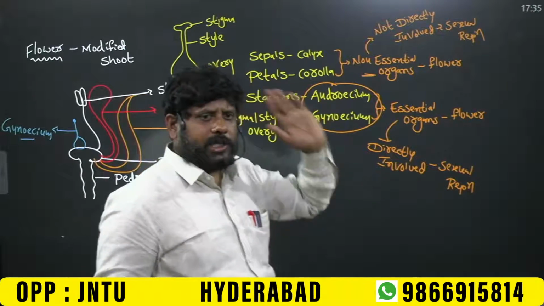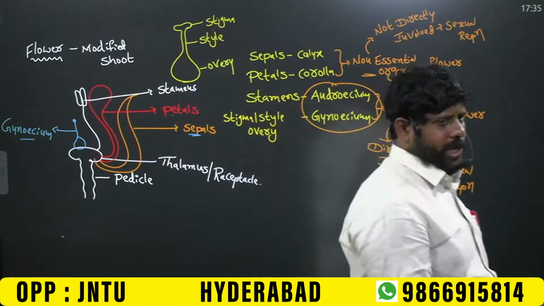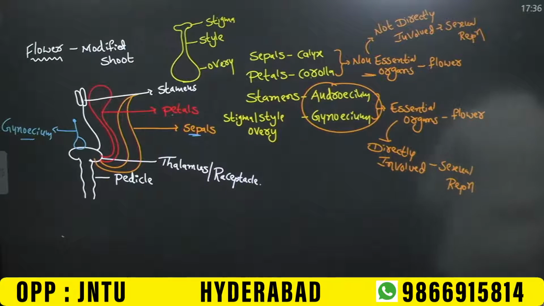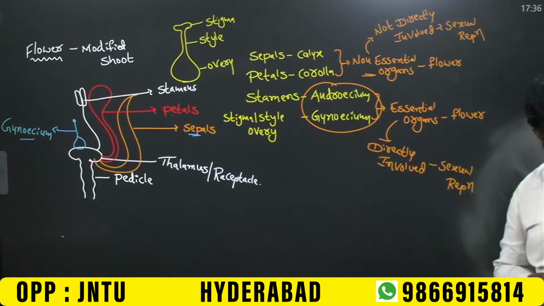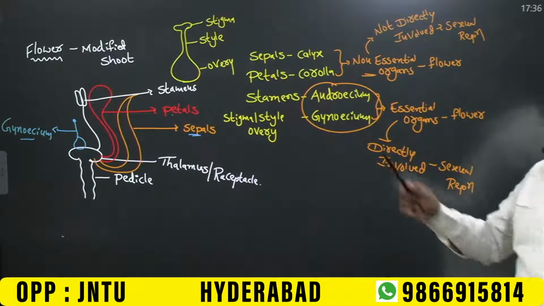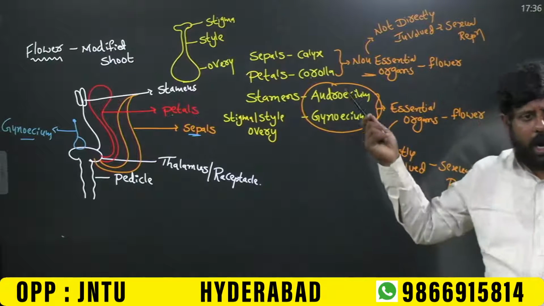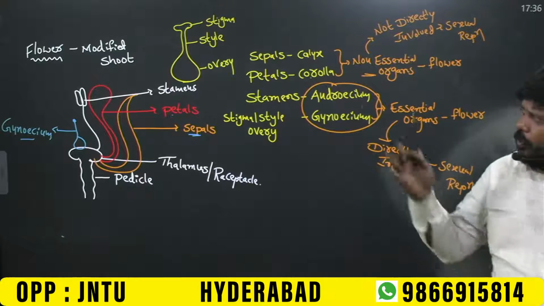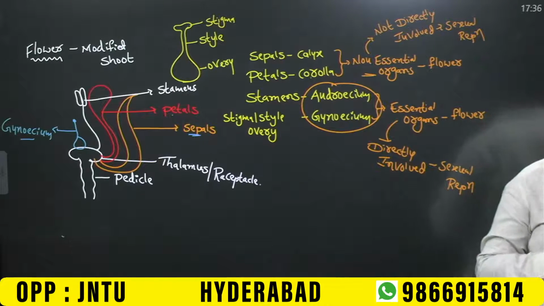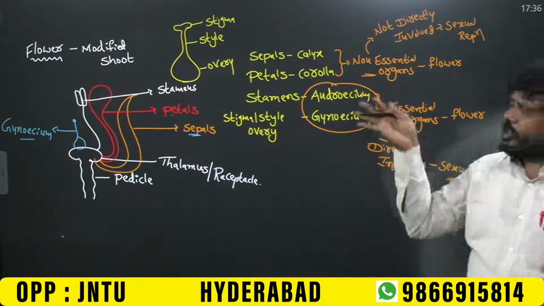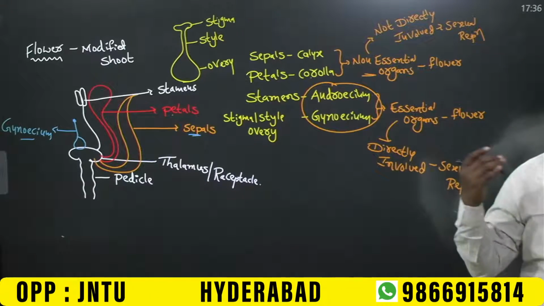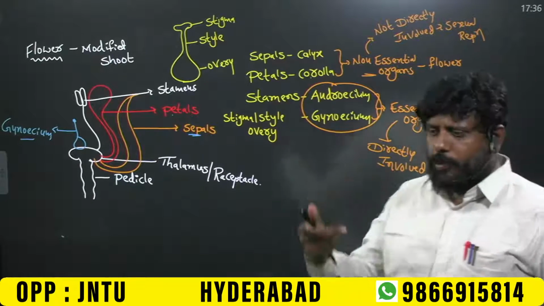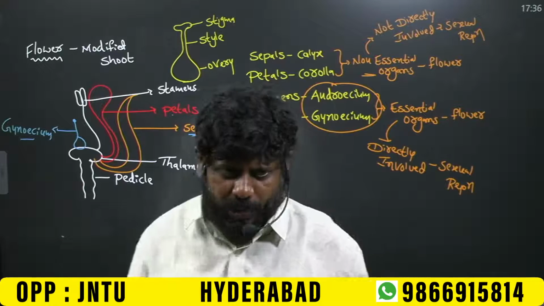Here we are not explaining calyx and corolla, no need. What is our lesson name? Sexual reproduction of flowering plants. In sexual reproduction, only which ones are involved? Androecium and gynoecium. That's why only these are the topics we are going to discuss. Calyx and corolla we will discuss in depth in the morphology of flowering plants, not now.